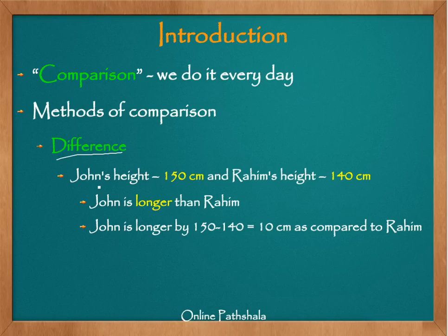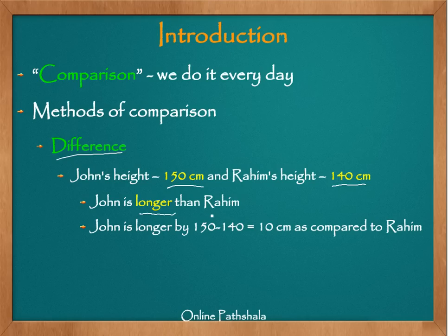For example, we say that John's height is 150 centimeter and Rahim's height is 140 centimeter. So now you have two numbers, two heights. Just by looking at these two numbers, we conclude because John's height is more, therefore John is longer than Rahim.